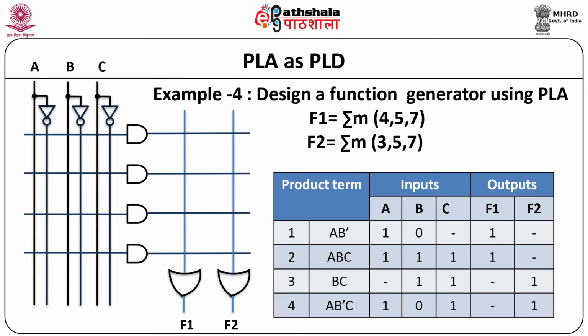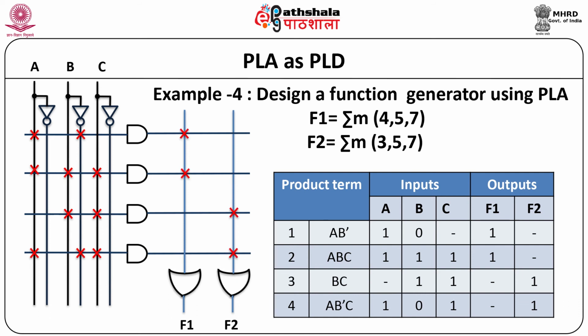The OR matrix can also be programmed to obtain output functions as per requirement. Let us program AND matrix. Crosslinks are placed on complemented and uncomplemented form of A, B and C inputs to generate the product terms. Crosslinks for all 4 terms are placed corresponding to inputs.